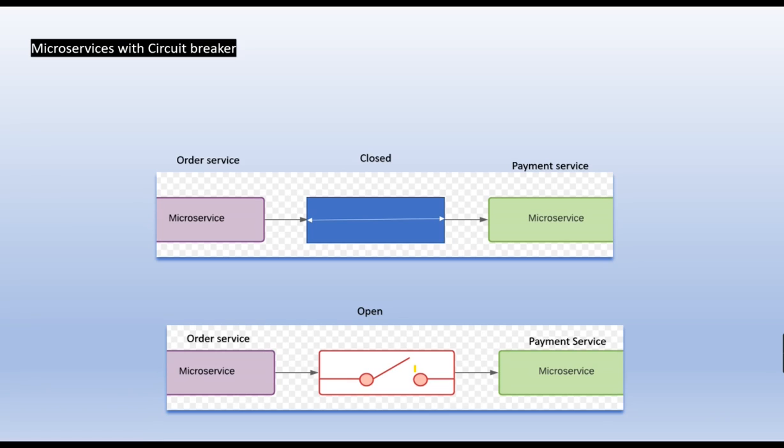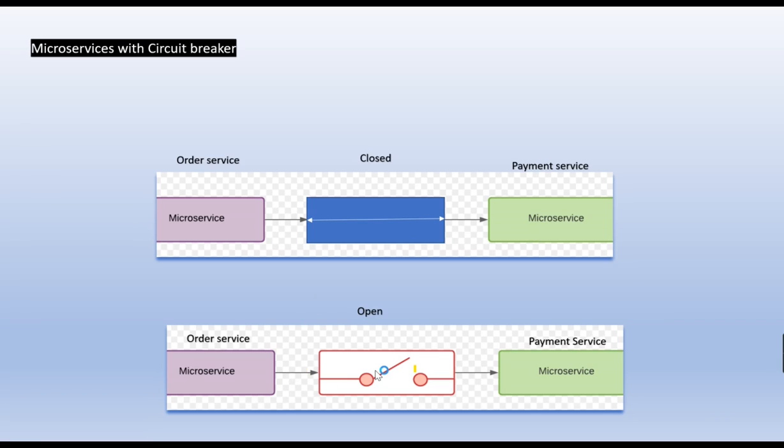Similarly, here one order service is trying to hit. If the connection is formed and there are no gaps, and the switch is not open, then the order service will be able to hit the payment service. Then the payment service will provide the response.